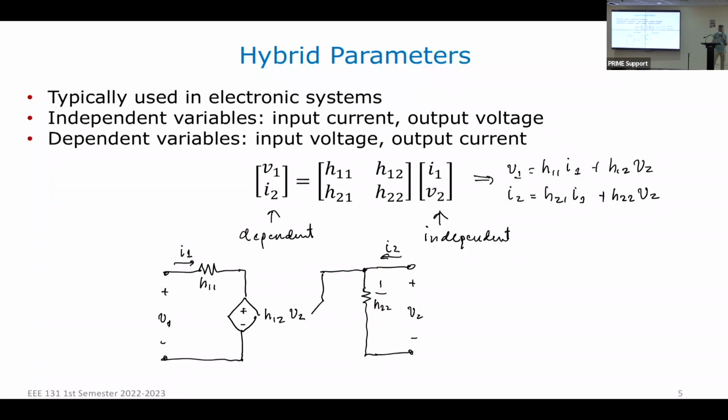So this will be in this direction. Okay. And this is now H21 I1. Okay, and then again, because you have the same reference for your voltages, then you connect these two. So this is called your hybrid model.